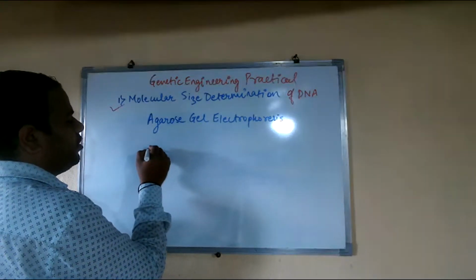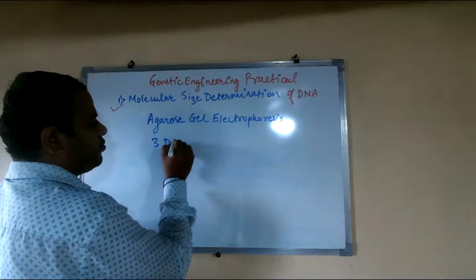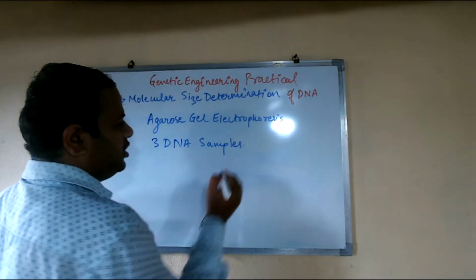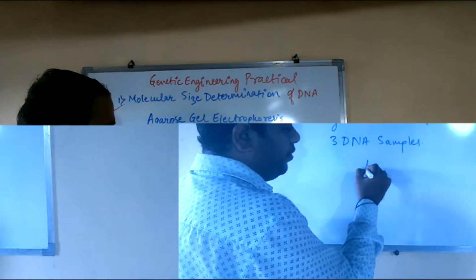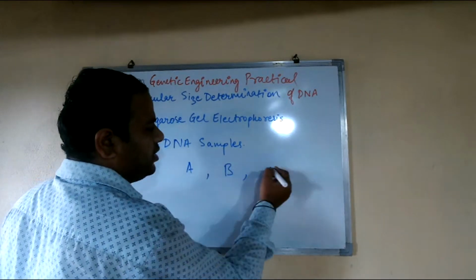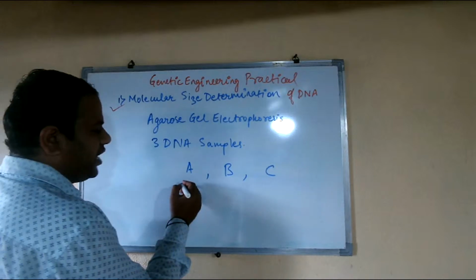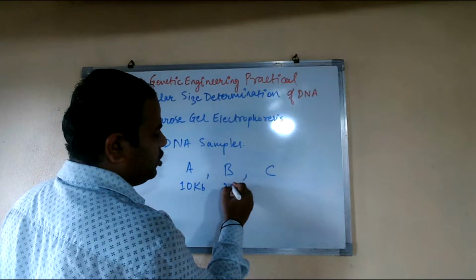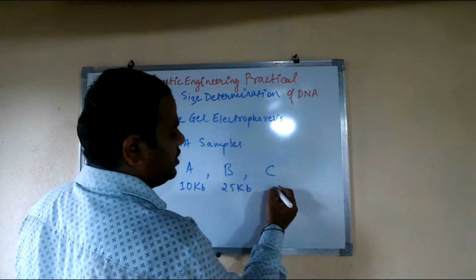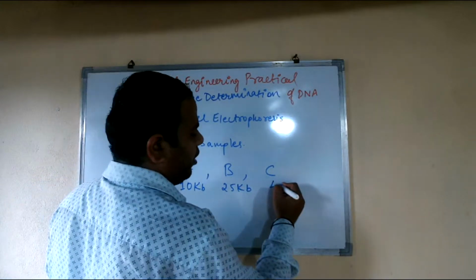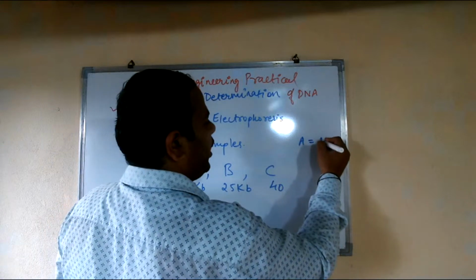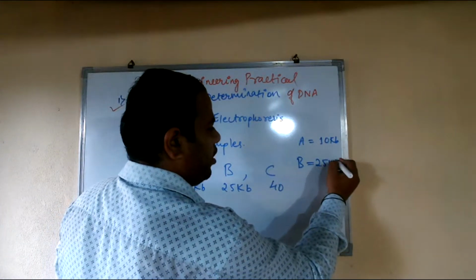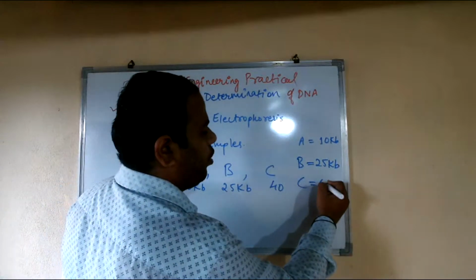For example, suppose I am having 3 DNA samples, sample A, sample B, and sample C. Sample A size is 10 kb, sample B size is 25 kb, and sample C size is 40 kb.